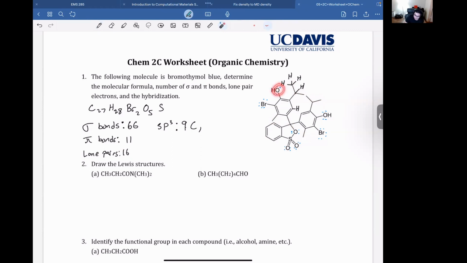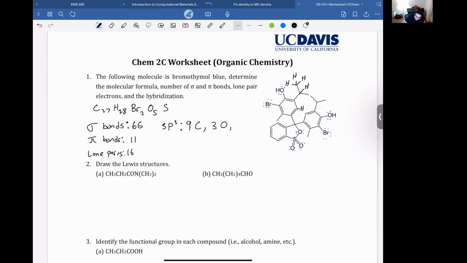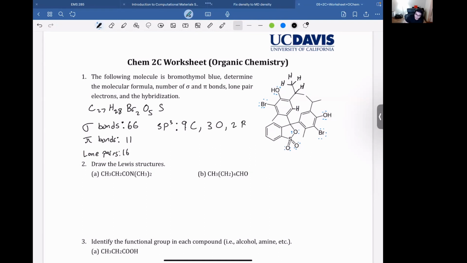We have 1, 2, 3. 3 oxygens have no pi bonds or have 4 electron groups. Technically, if you were to do bromine, using the same logic, it would be both bromines. But that is it for the sp3 hybridization.